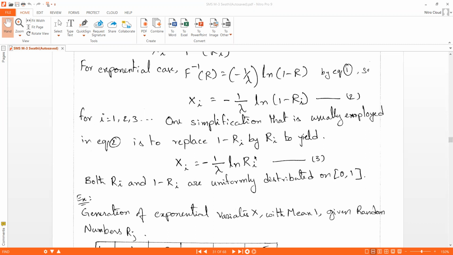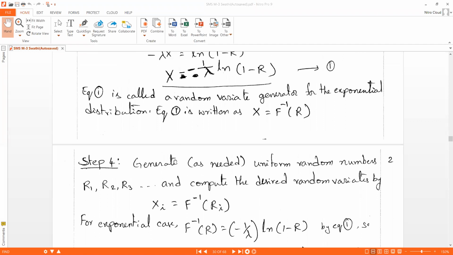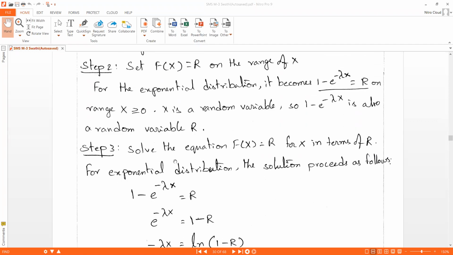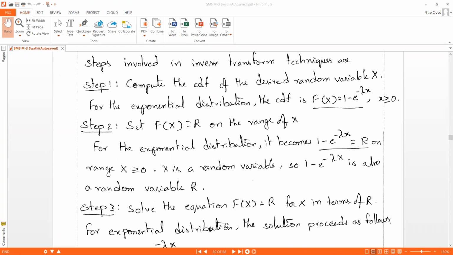Both ri and 1 minus ri are uniformly distributed on 0, 1. These are the steps we need to follow while doing the inverse transform technique.